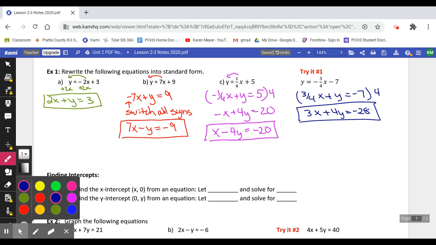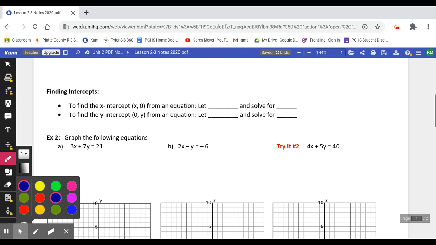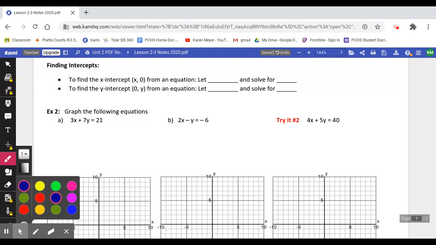Okay, moving on to the next concept. The next concept is going to help us with graphing in standard form. So in order to graph them, we are going to calculate the x-intercept and the y-intercept. So here it says finding intercepts.